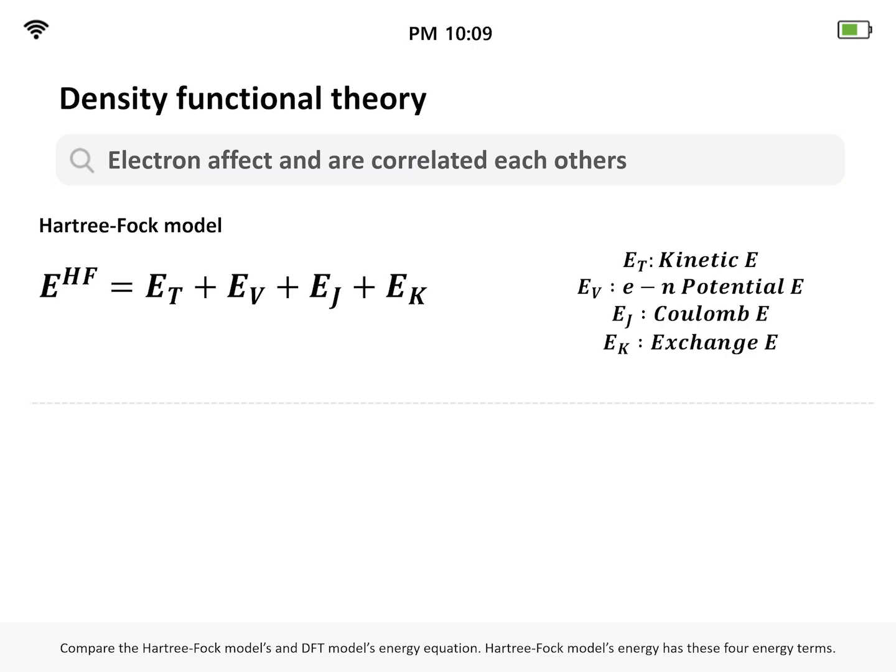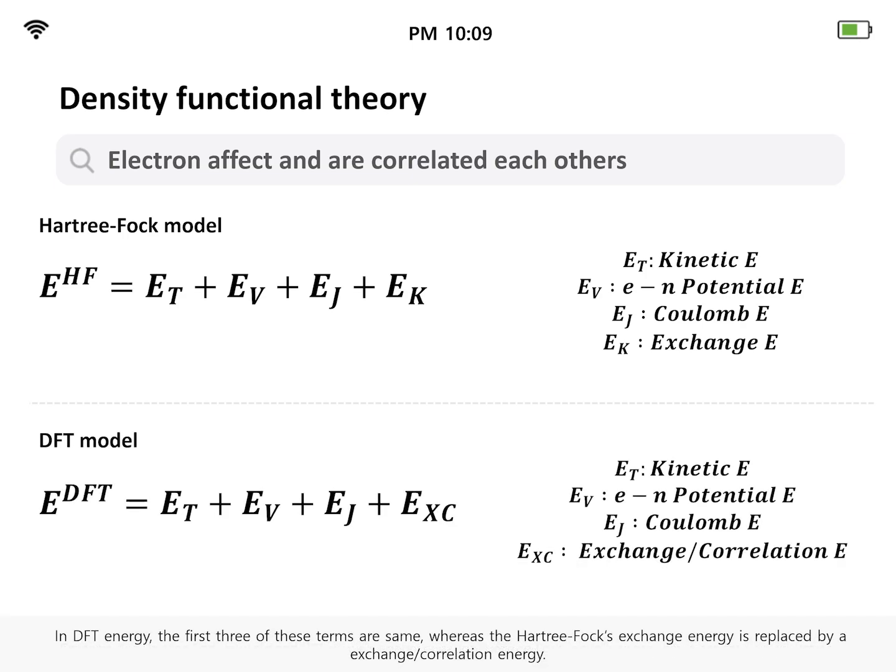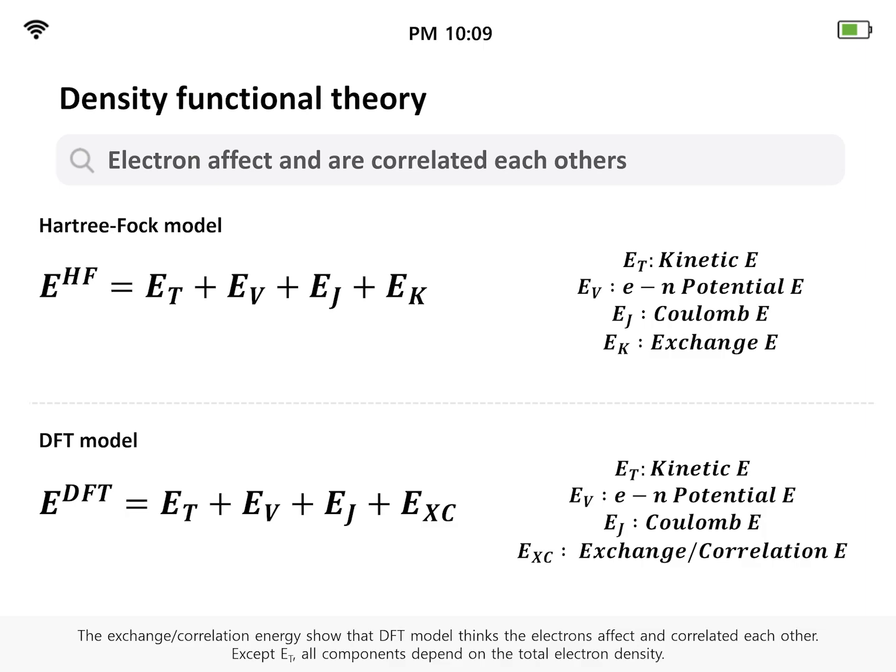Hartree-Fock model's energy has four energy terms: kinetic energy, electron-nuclear potential energy, Coulomb energy, and exchange energy. In DFT model's energy, the first three of these terms are same, whereas the Hartree-Fock's exchange energy is replaced by an exchange correlation energy. The exchange correlation energy shows that DFT model think the electrons affect and are correlated each other.